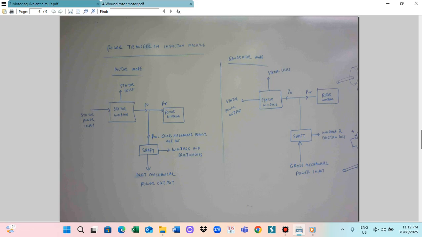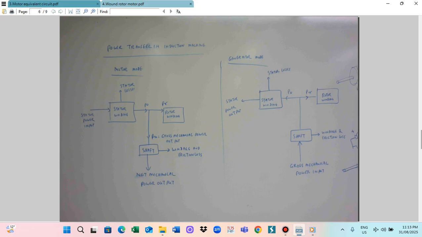PR means the rotor winding. The power goes to the rotor winding. So another mechanical power flows to the motor. This is PM, the gross mechanical power output. This one goes to the shaft.